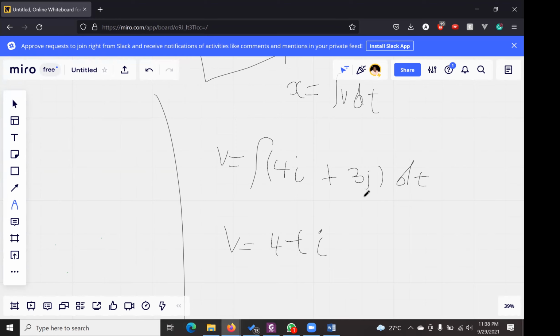Don't think i is the square root of -1. i is just the X component, j is the Y component. Cool? Integral of 3 is 3t. Right, bring back the j and the i.